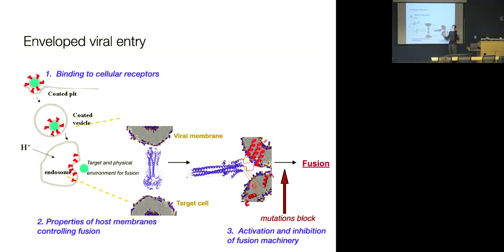Obviously, now we have another major player, but that influenza virus binds to sialic acid terminated glycans on the cell surface. It's endocytosed, and acidification of the endosome triggers a conformational change in the coat protein that makes influenza insert peptides into the host membrane and refold this protein to bring the two membranes together.